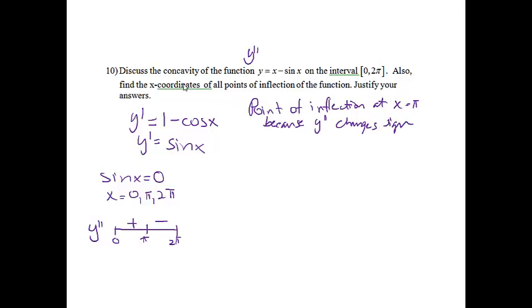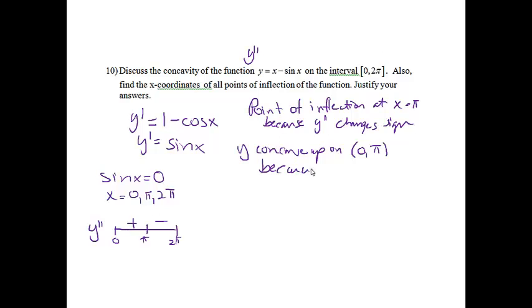And then it did say to discuss the concavity, so I will say y is concave up on the interval 0 to pi. Notice I didn't have it go from negative infinity to pi because we were given endpoints.